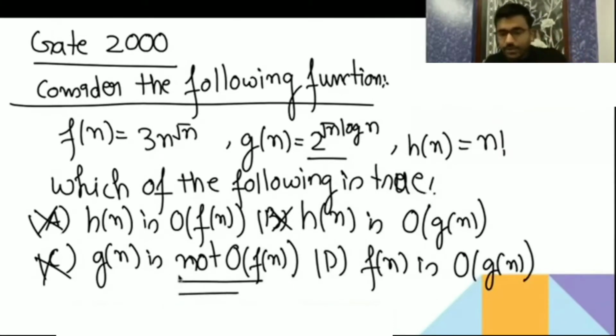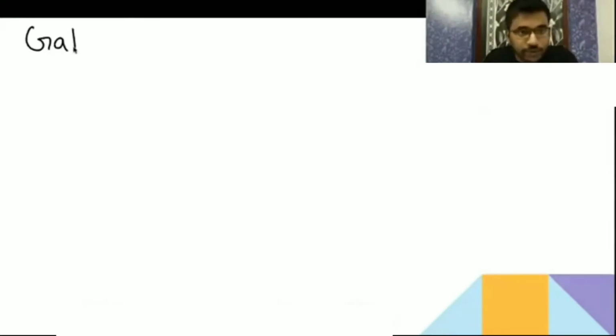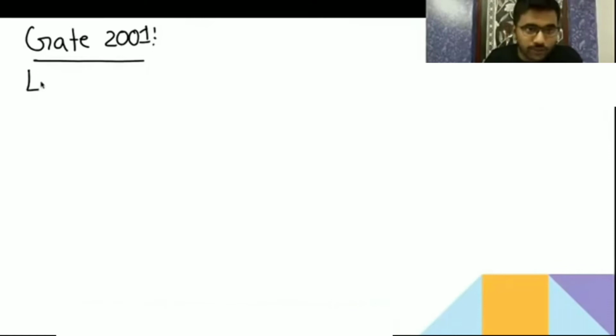The next one is your GATE 2001. Again I will give you 3 functions. You have to tell me which one is going to be the big O, meaning which is the greater one.